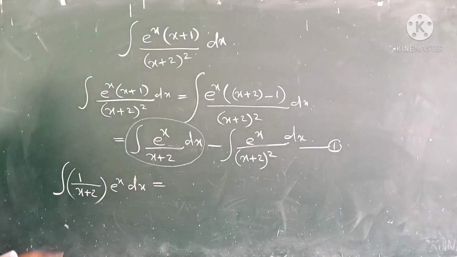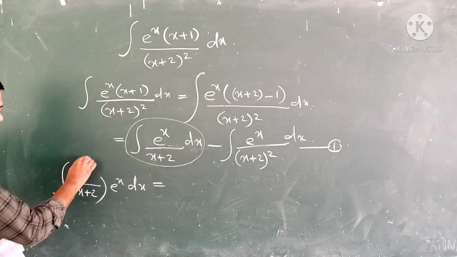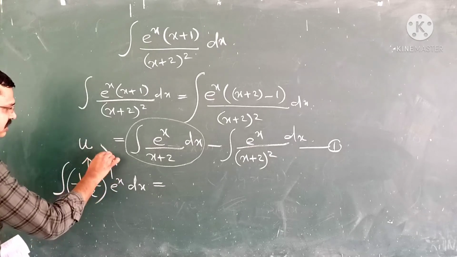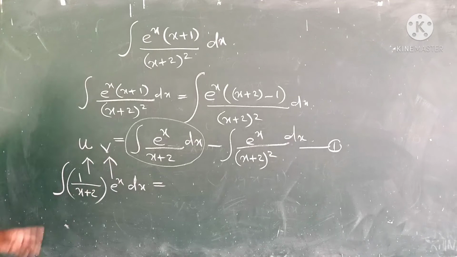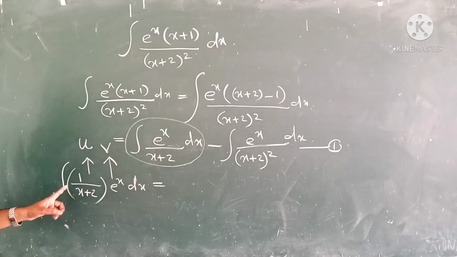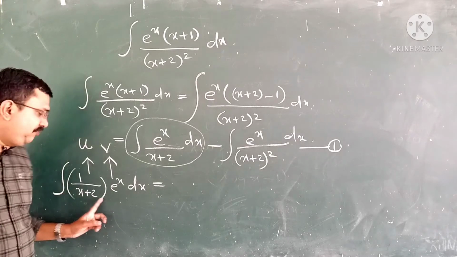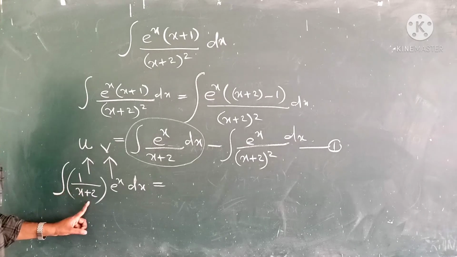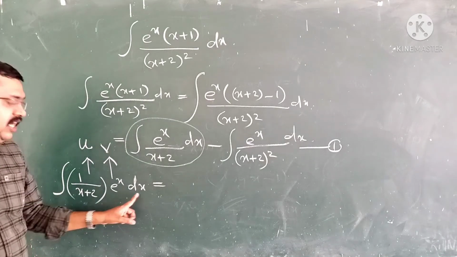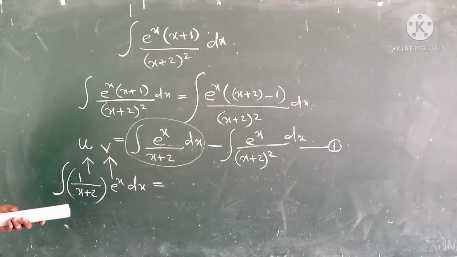Here remember that this function is the first function u and this is our second function v. Our first function is 1 by (x plus 2) and our second function is e raised to x dx.